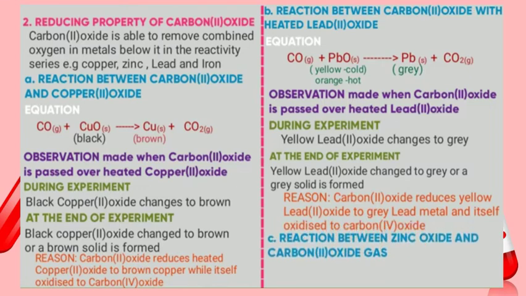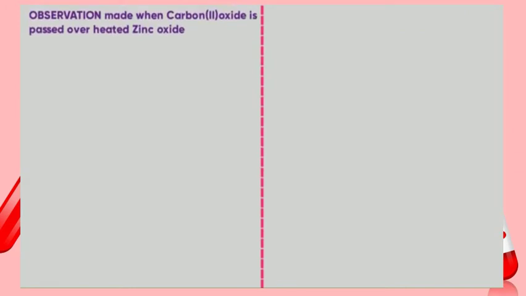C. Reaction with heated zinc oxide. Chemical equation is CO carbon 2 oxide plus zinc oxide arrow zinc solid plus CO2 gas. Now, observation made when carbon 2 oxide is passed over heated zinc oxide: during the experiment white zinc oxide changes to yellow and then finally to gray.